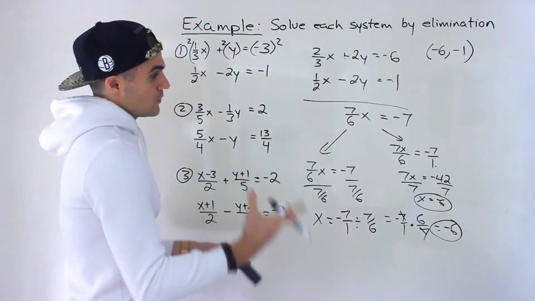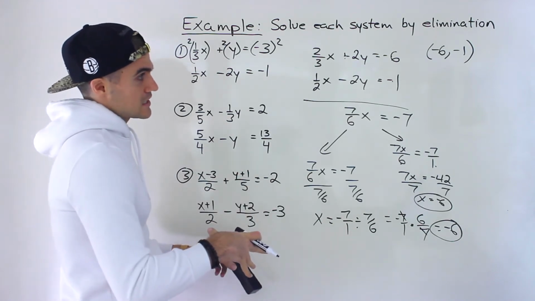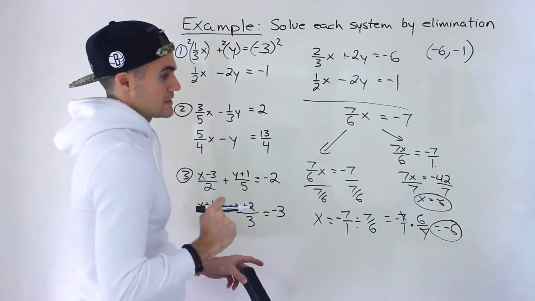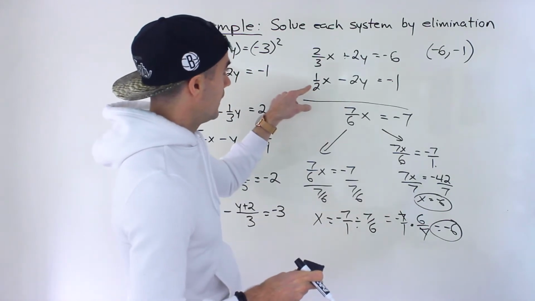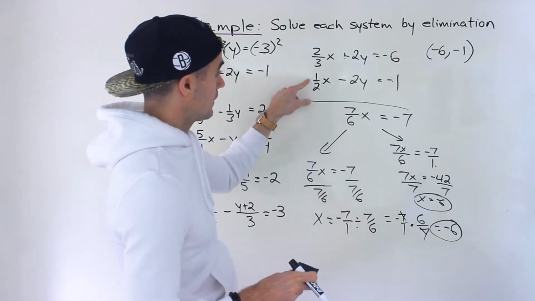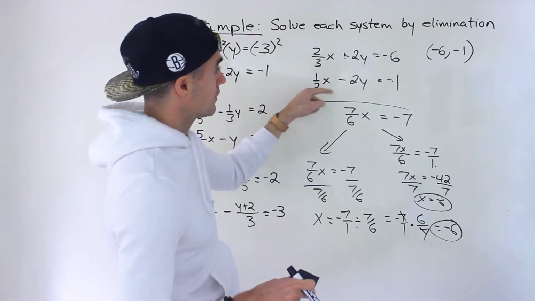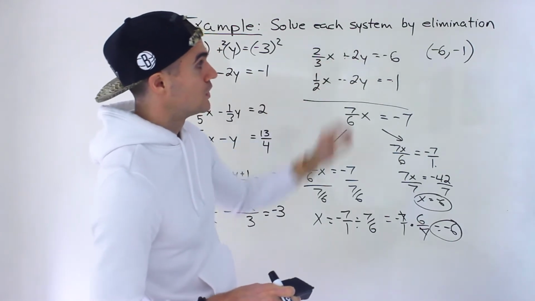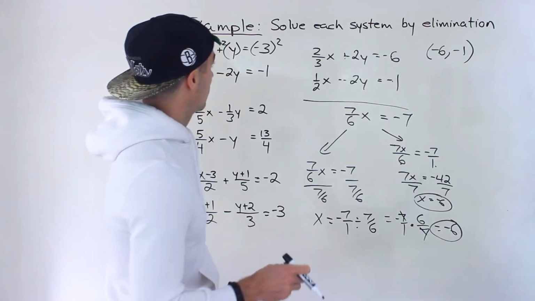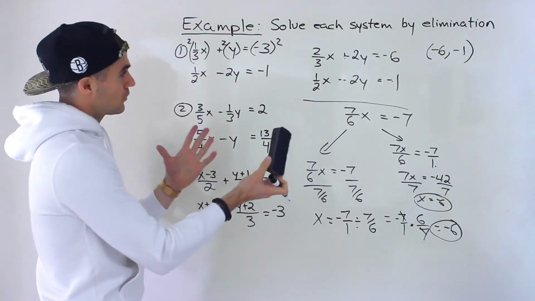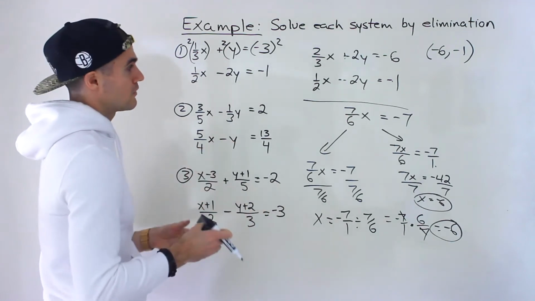So whichever way you do it, x value is negative 6, and then the y value is negative 1. If we took this negative 6 and plugged it into here or here, solve for the corresponding y value, you would get a y value of negative 1. Right, so this is an example. If you do want to work with fractions, you can go about it that way.